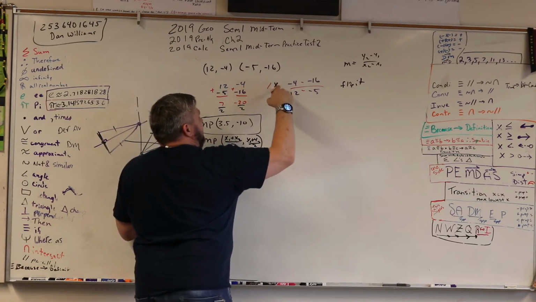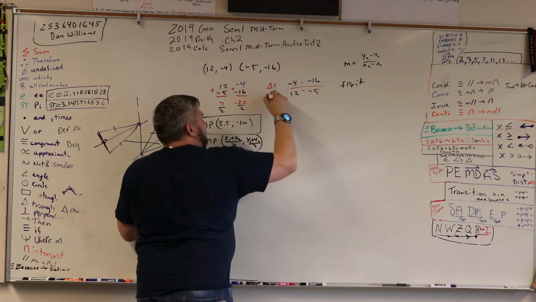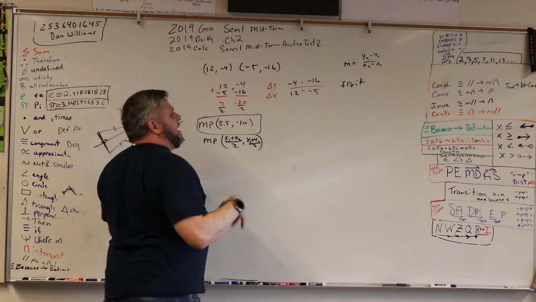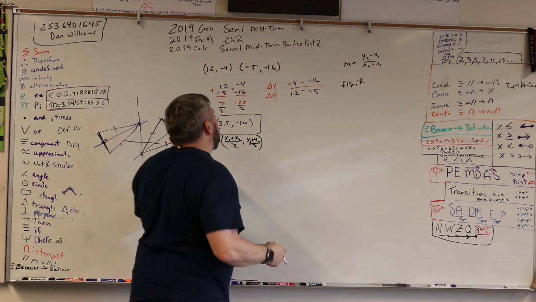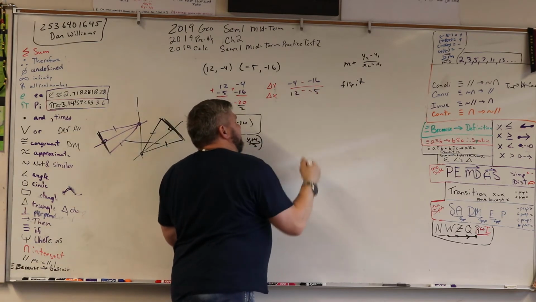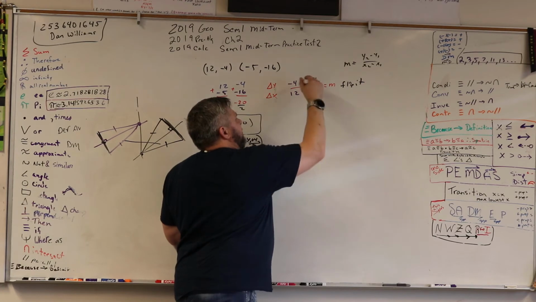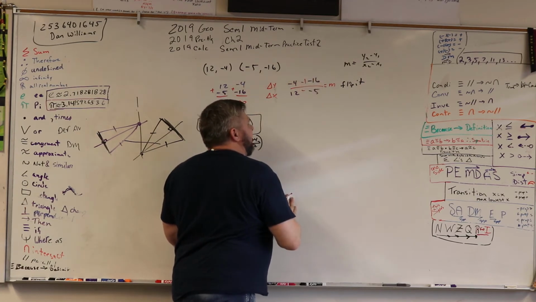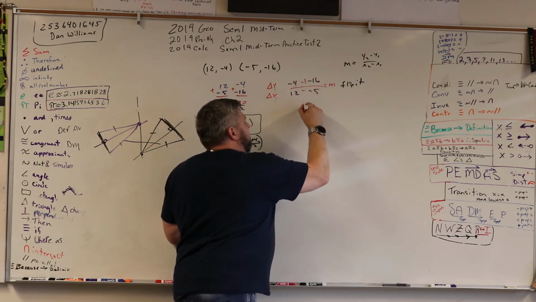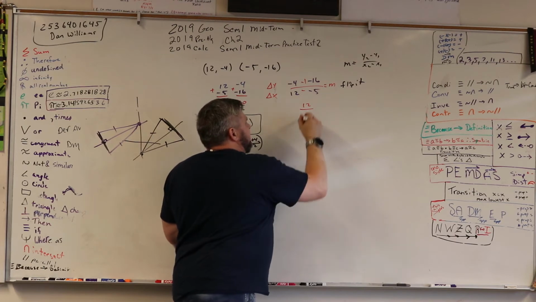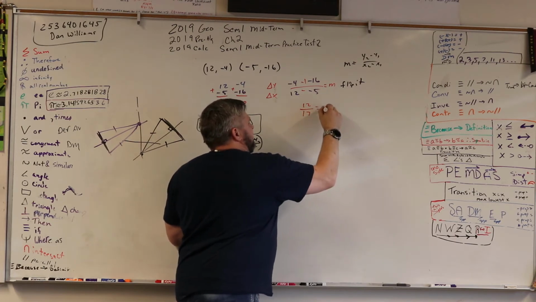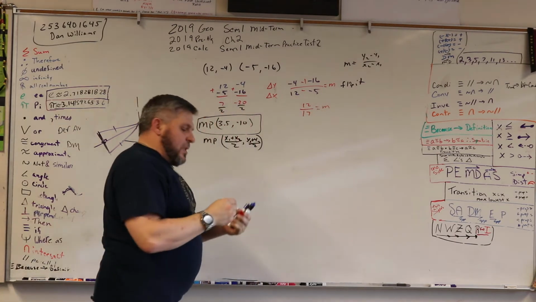That's delta y over delta x. Y over x. Okay? So, since that equals my slope, then I do the math. So this is adding, so that would be 12 over 17. And that is my slope, right?